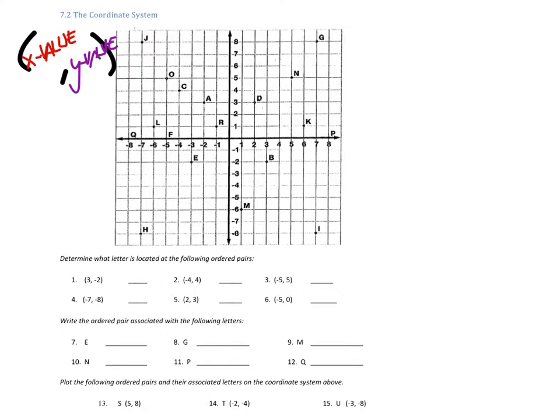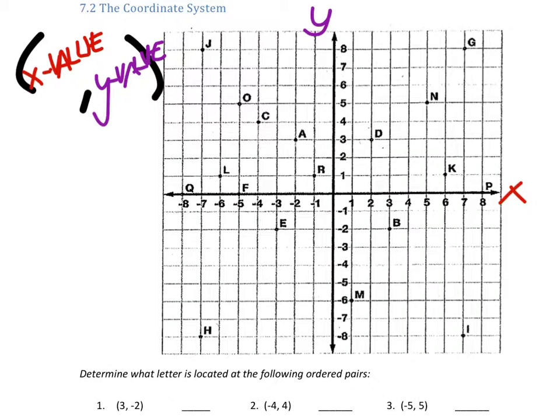And in the graph, the x-axis is left to right, so it's horizontal, and the y-axis is vertical, so it's up and down. So in other words, this first point here is 3, negative 2, number 1. So the x value is 3.